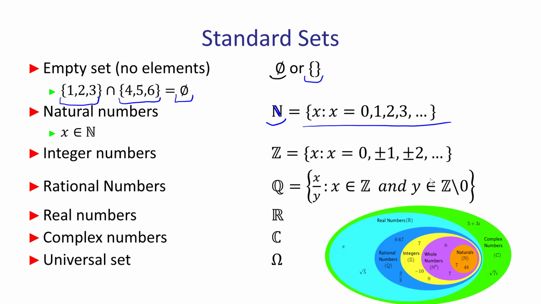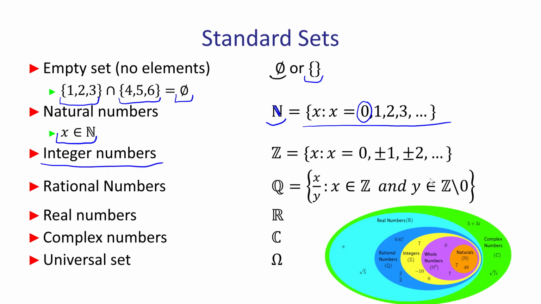Sometimes in some references people are not including 0 in that set, so they start with 1. But this is not really important in most cases. Now, if you define some variable as x belongs to N, this means that x is integer, and it's natural number, which means only positive integer.